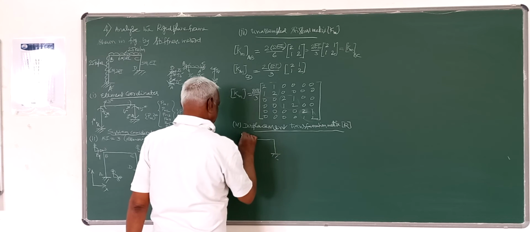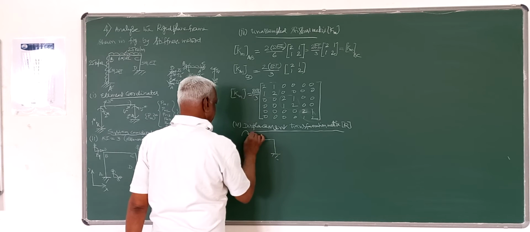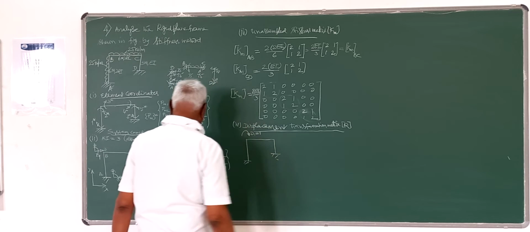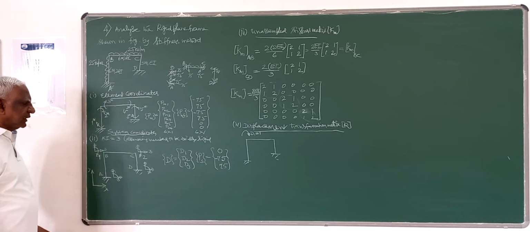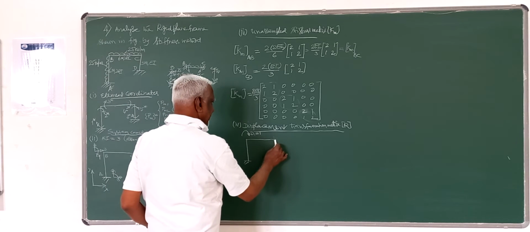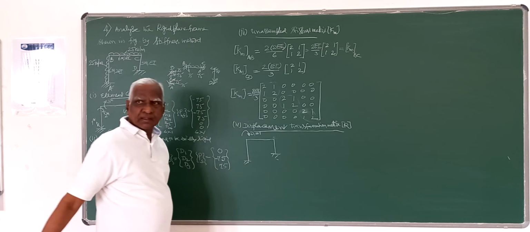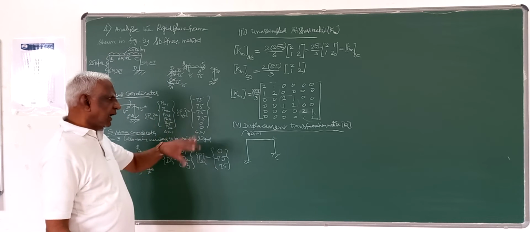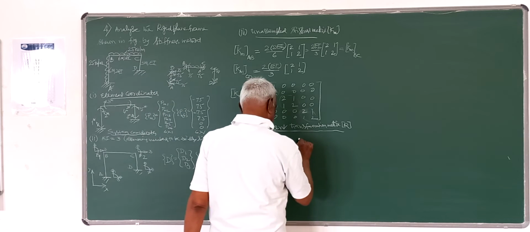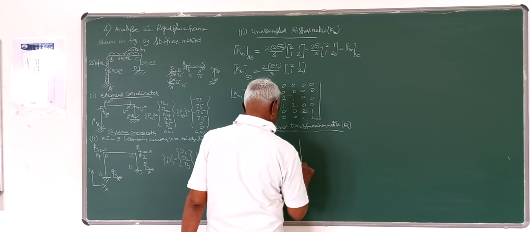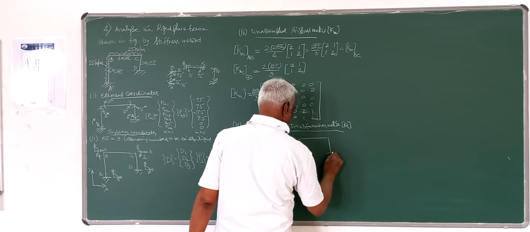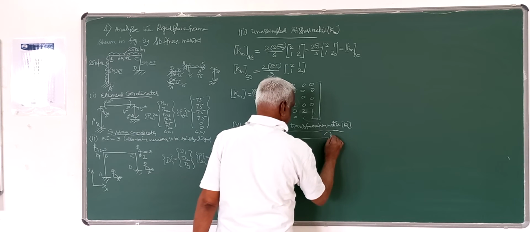Then I have to apply unit displacement along the first kinematic independency direction, u1 equals 1, keeping the other displacements fixed. So d2, d3, I have to keep 0, no displacement. Then successively I have to do it. Then I have to give unit displacement corresponding to 2.